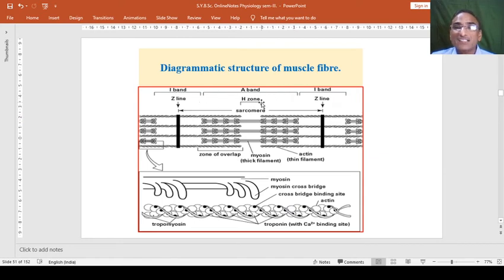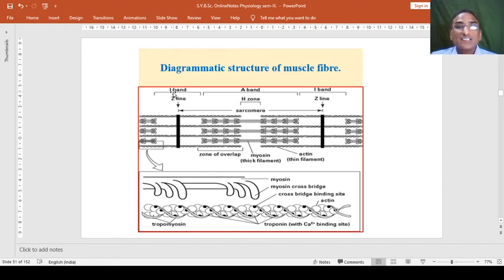These bands alternately contract and relax, and therefore the elasticity in muscles is carried out. Whenever we move our fingers or hand from the elbow, this movement is facilitated by these different zones present on the myofilaments or myofibrils.